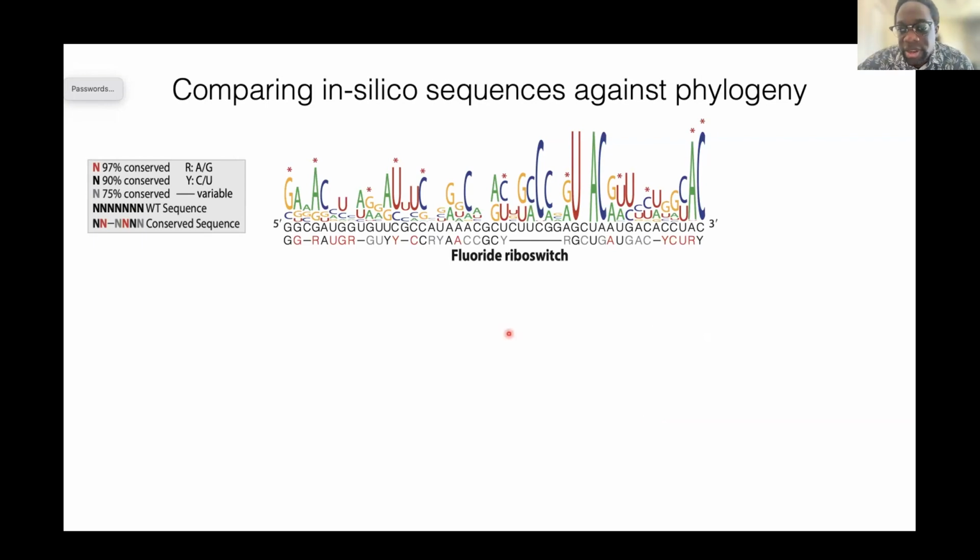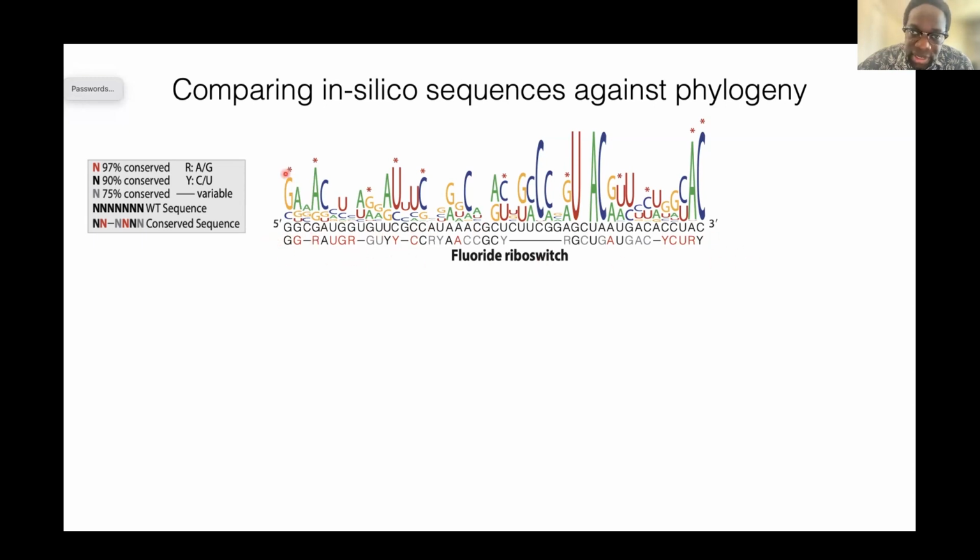What you're seeing here on the top is the distribution at each position for our designs, right? I think we had about 2,000 designs go into this web logo that you see at the top. The next row contains an example of the sequence from the crystal structure. And then on the bottom, we have the consensus sequence.